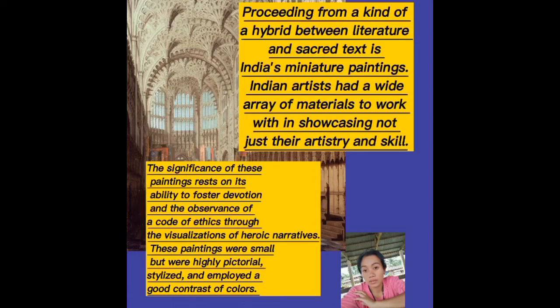These paintings were small but highly pictorial, stylized, and employed a good contrast of colors. In early India, most of the arts were derived from Vedic influences. Miniature paintings are also called limnings.